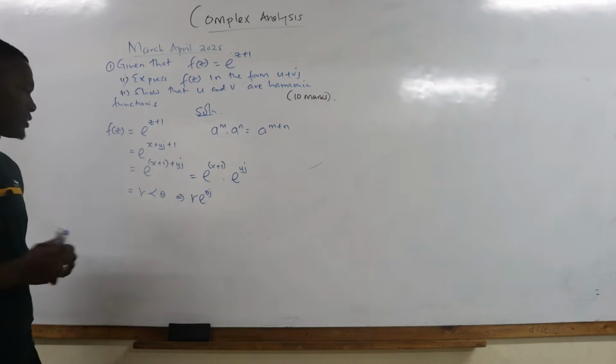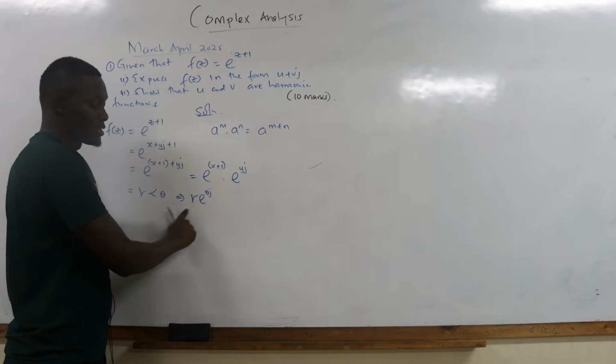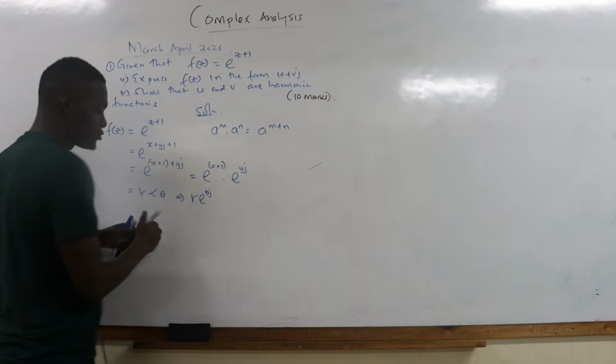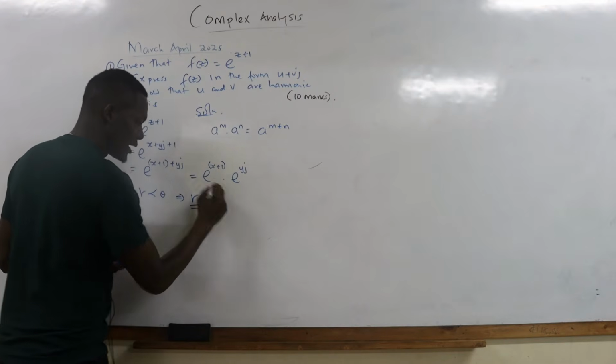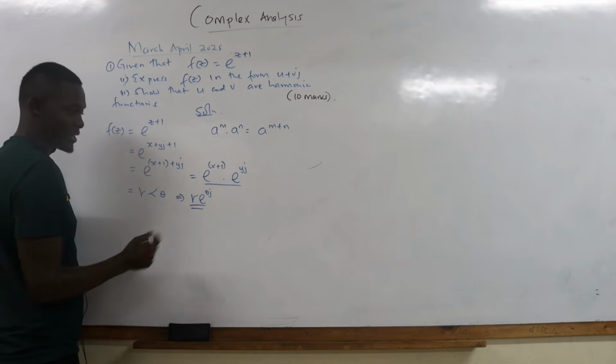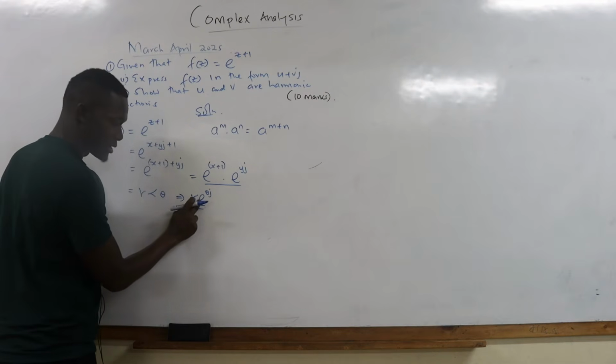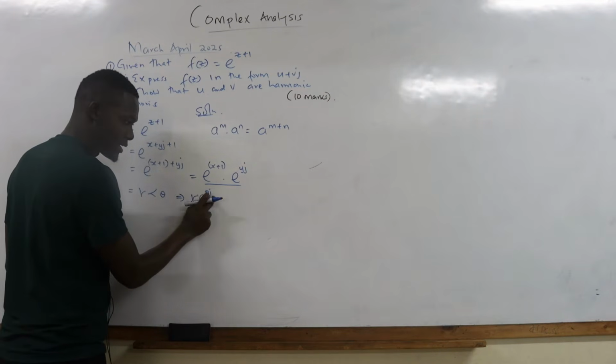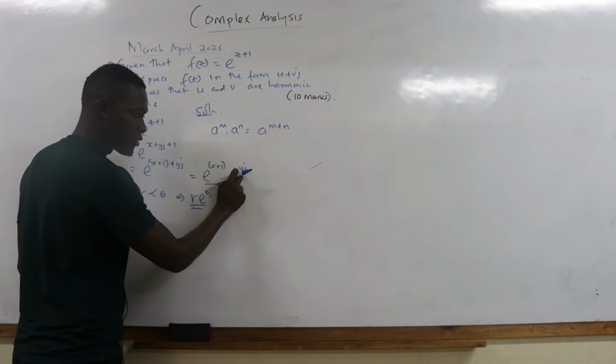So this one is polar form, this one is exponential form. Now if you check this part and the whole of this equation, they look familiar, because this one is the exponent of theta j, and here we have exponent of yj.